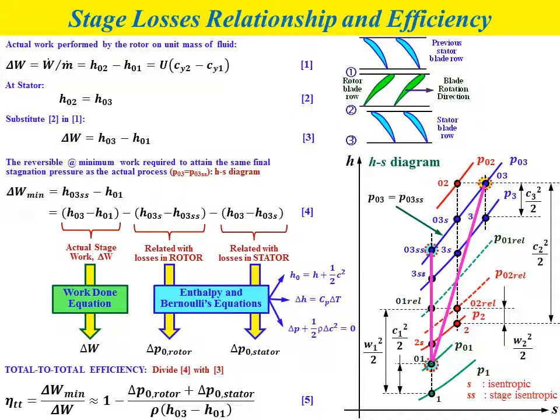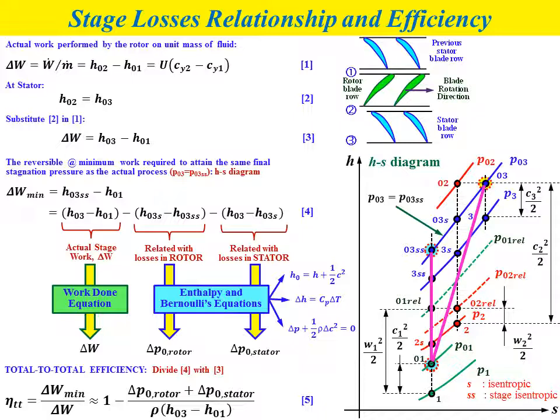So in the gas turbine, the fluid kinetic energy from the compressor will be fully utilized in the combustion chamber of a gas turbine engine. That's why we only have total to total efficiency for the compressor stage.